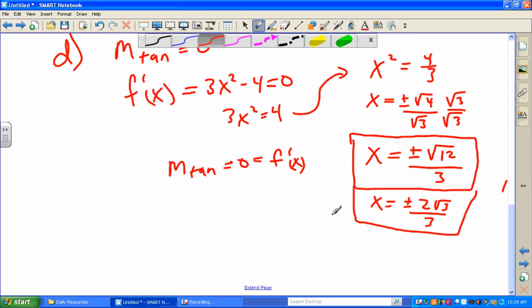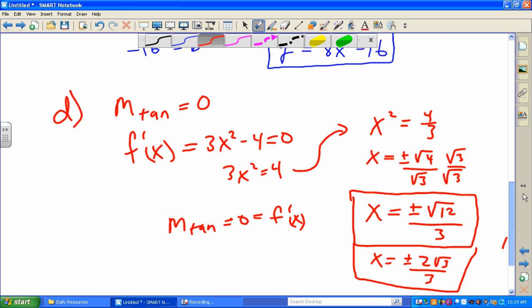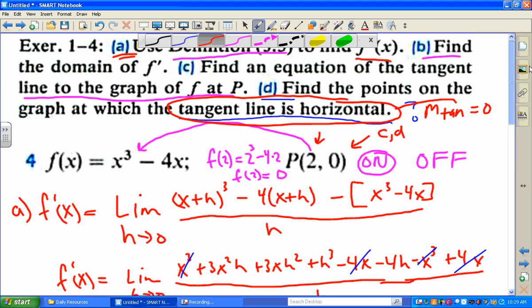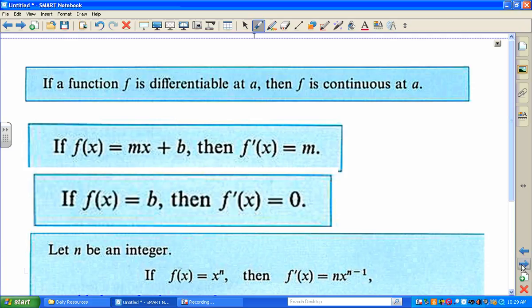Okay? So that's not too bad. There's questions 1 and 3 for you. And those directions are pretty good because that's the basic idea of this whole section. Using the definition of the derivative, find the equation, and moving on. All right. Speaking of moving on, I'm ready to move on.